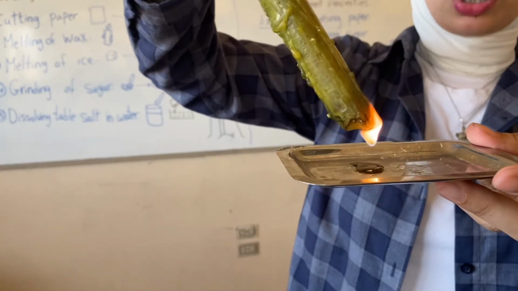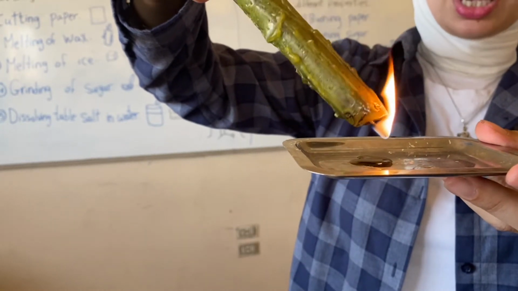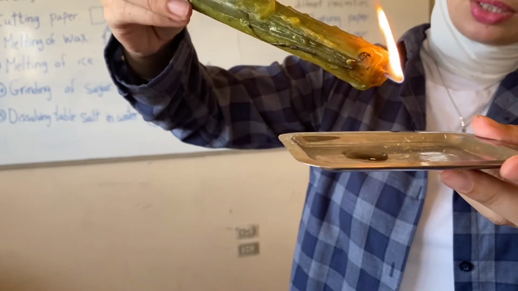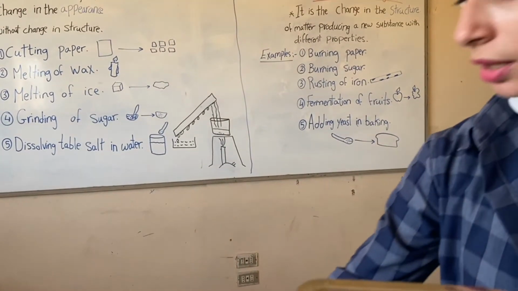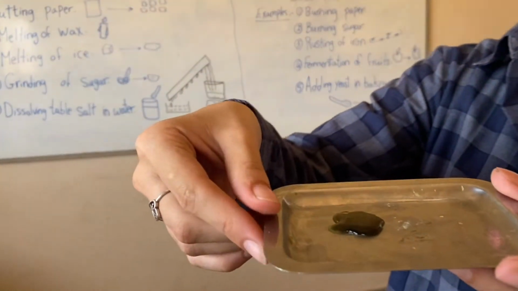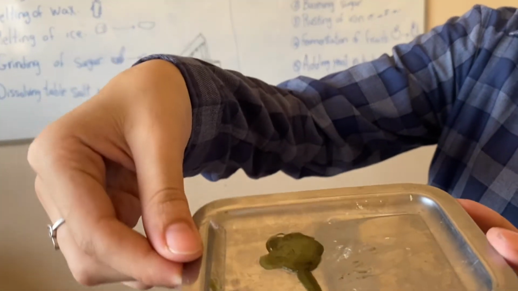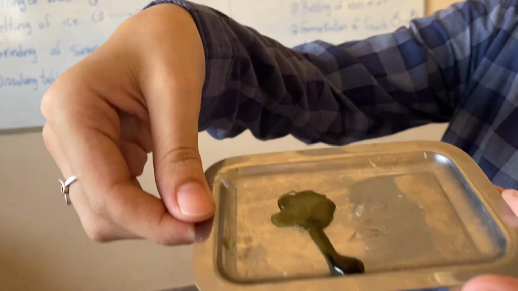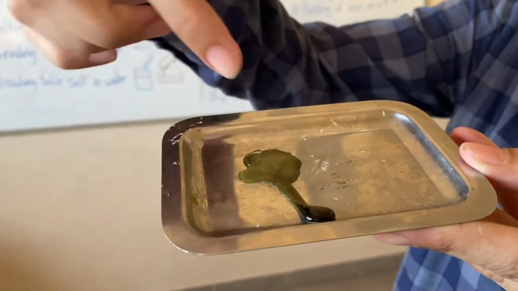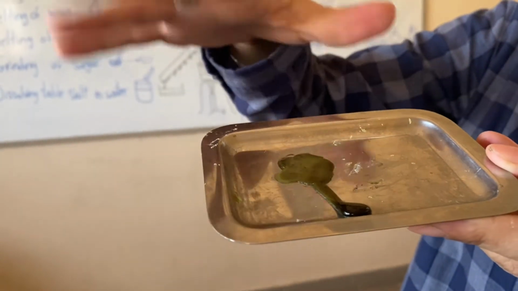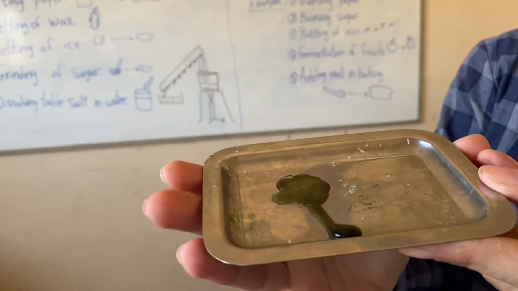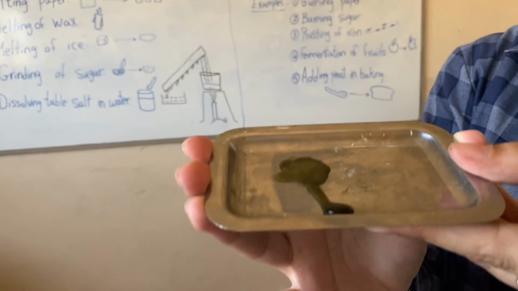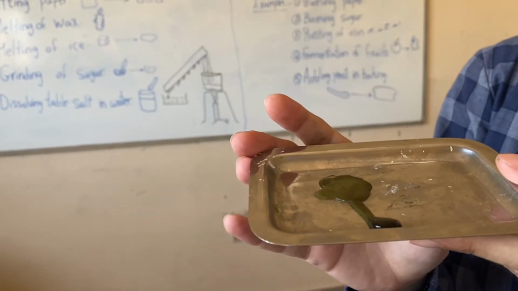Does its color change? No, it is the same, it's green. Observe and wait for it. You can find the wax still as it is, and it will become solid again. It doesn't change in structure, it changed only in its shape. So it's a physical change.